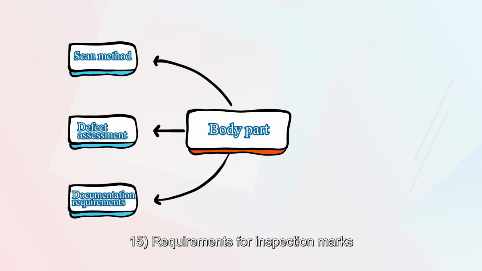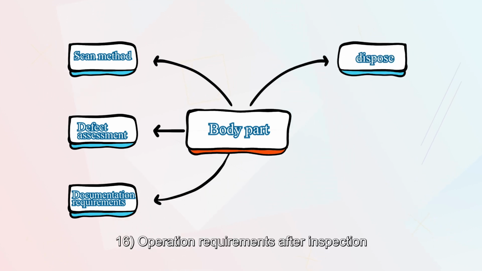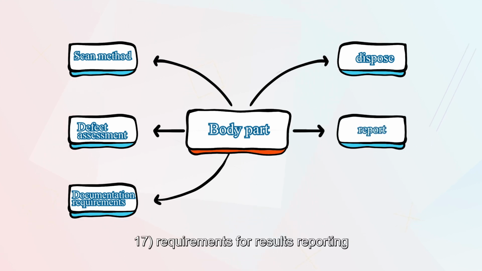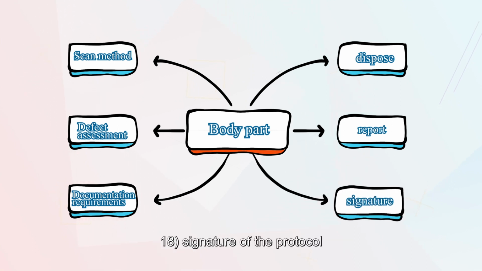Requirements for inspection marks and original data records. 16. Operation requirements after inspection. 17. Requirements for result reporting. 18. Signature of the protocol preparer, level 3 personnel. Signature of the protocol approver.